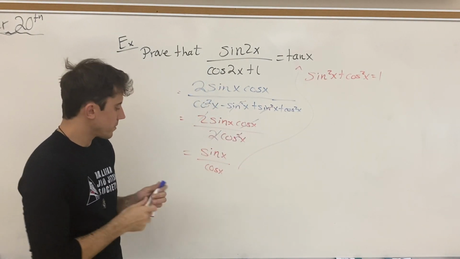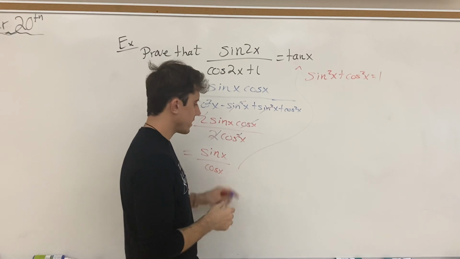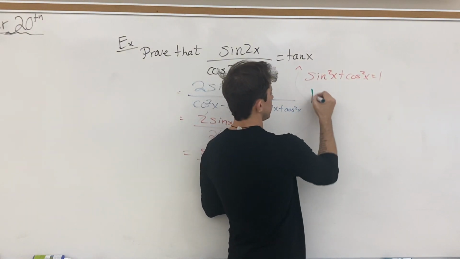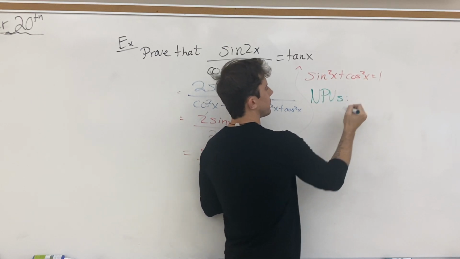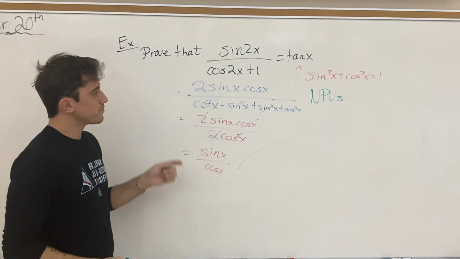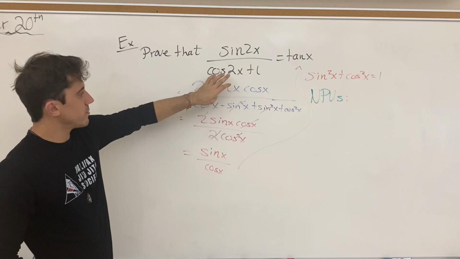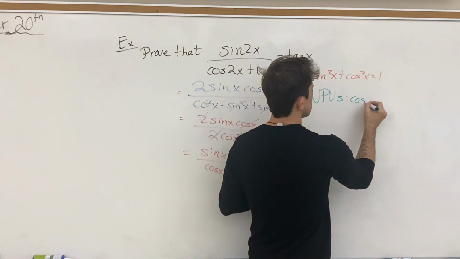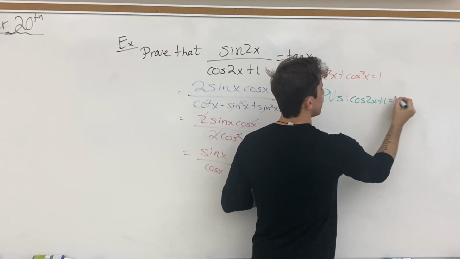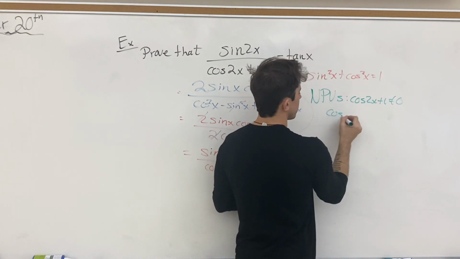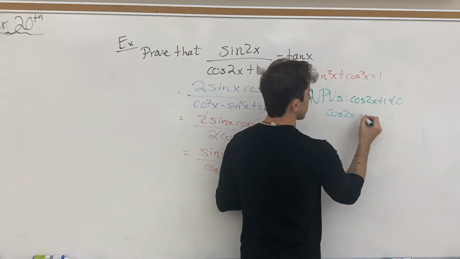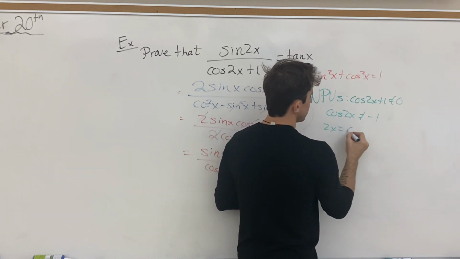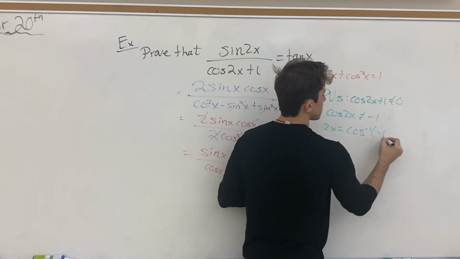Now, if we want to be precise, we could also state our non-permissible values, our NPVs here on the side, if you're so inclined to do so. So, remind ourselves that we can't have a denominator of 0, so that means that cos 2x plus 1 can't be equal to 0, and doing a bit of algebra leads us to cos 2x can't be equal to negative 1, which means that 2x can't be equal to the inverse cos of negative 1.